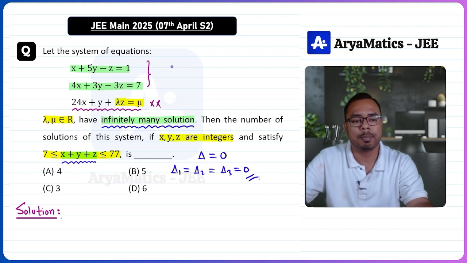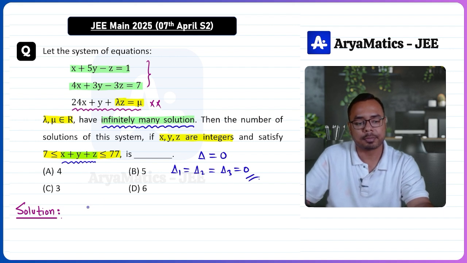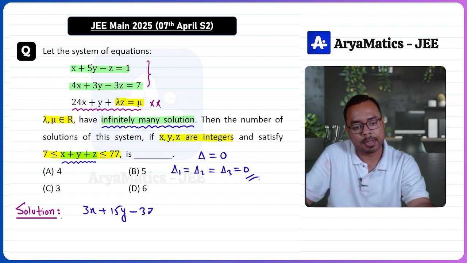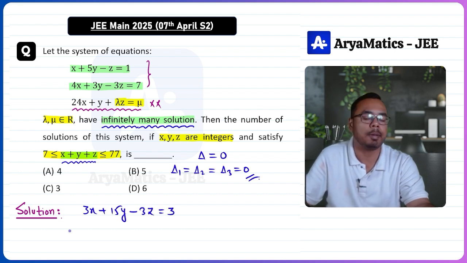If I want to eliminate any one variable, let us say z, then we can multiply the first equation by 3. That means we can write 3x plus 15y minus 3z, this will be 3.